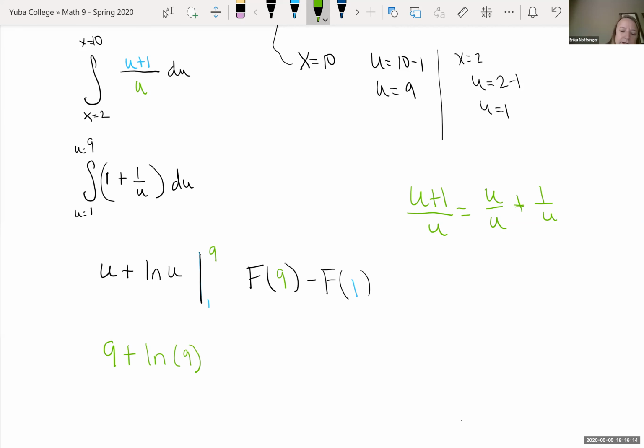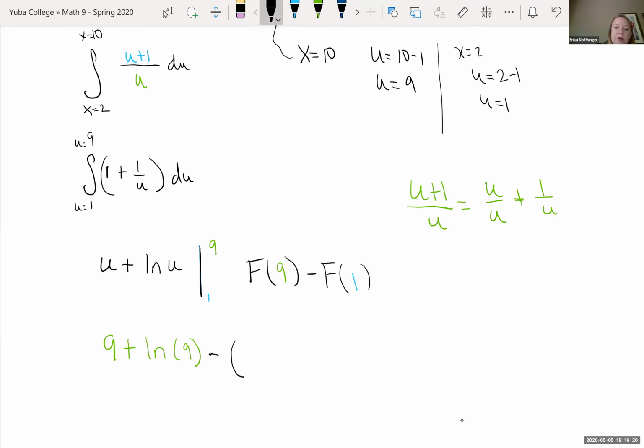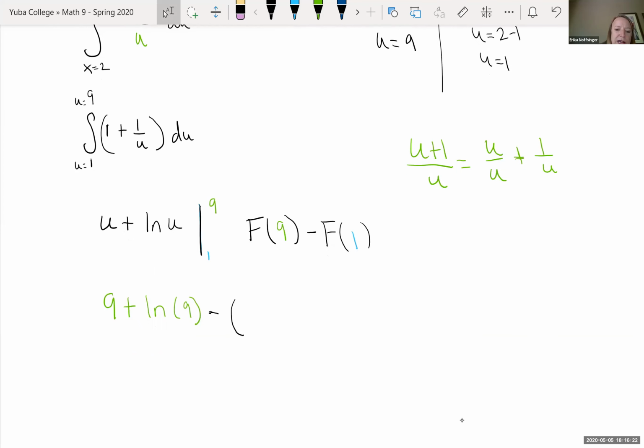Be careful because there's more than one term, so we need parentheses around this whole thing when we plug in the last bound. So we're plugging in 1, we have 1 plus the natural log of 1. This would give me negative 1, so minus 1, and minus natural log of 1.